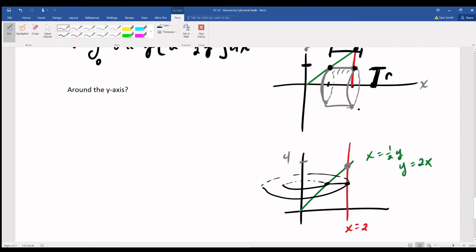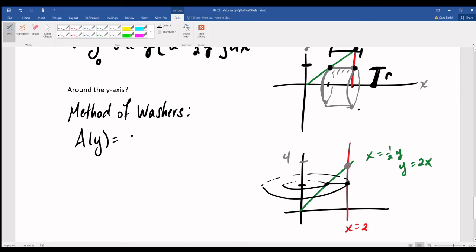So let's analyze what the area of this washer-shaped cross-section would be. Method of washers for around the y-axis. So in this case, the area is going to depend on the vertical height, on the y value where the cross-section is taken.